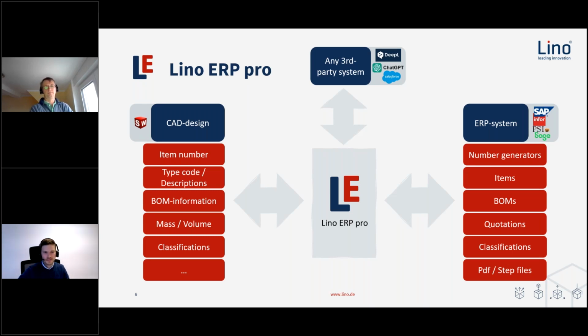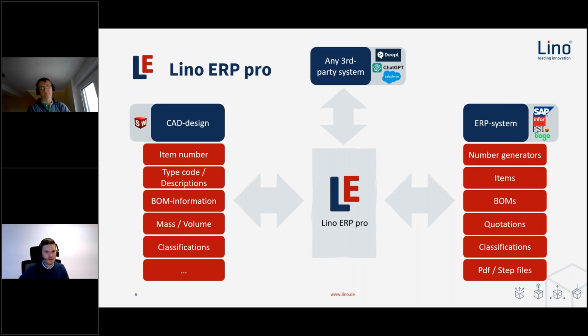You can also create neutral formats from your CAD design and transfer these files to the ERP system, for example, as a quote drawing. It's totally up to you to decide exactly which functions you want to implement. For that, a large number of function modules are available by default, which you can use to implement exactly the process you need.